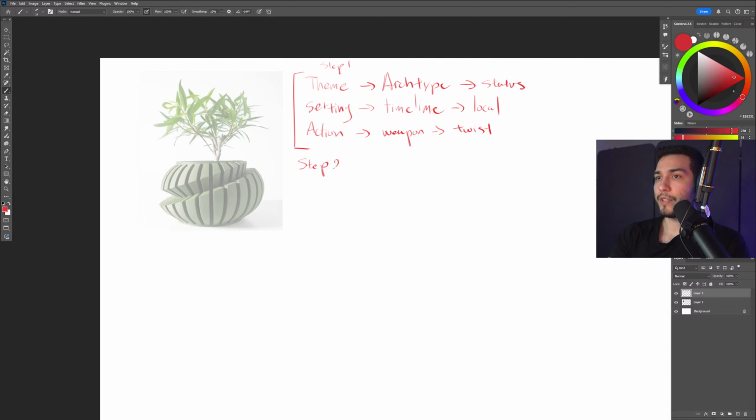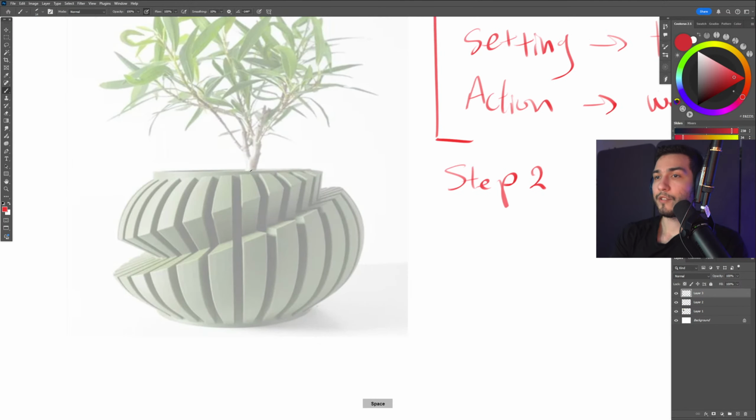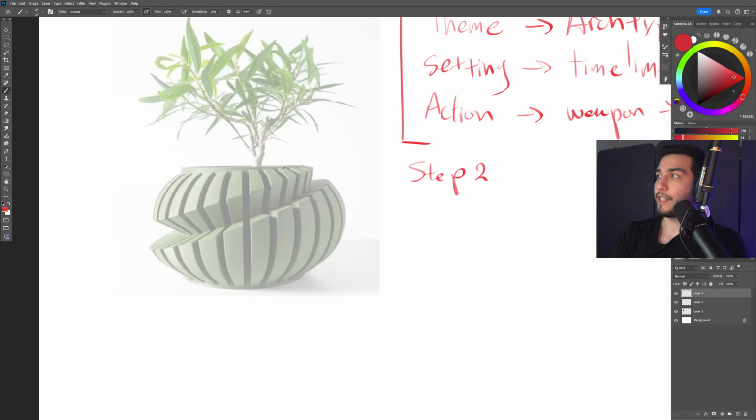Step two essentially is the study of this particular object. One thing we're going to notice about this object is it is primarily circles and squares. Even these cuts, these negative spaces, are more square-like.